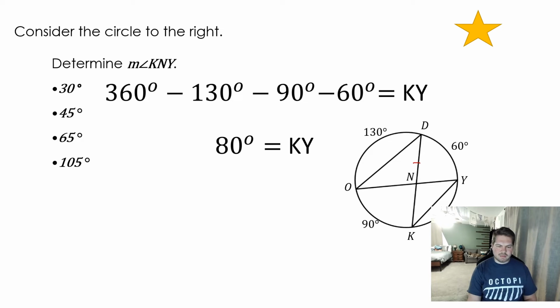N right here is clearly not a midpoint. And I say clearly because if this angle was exactly halfway, then the other side would also be 130, but instead it's 80.